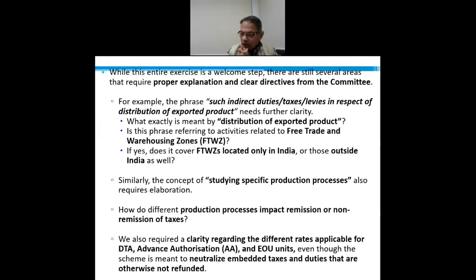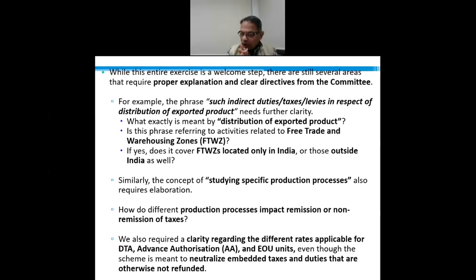What exactly is meant by distribution of export product? Inside India, outside India? Second, is this phrase referring to activities related to free trade and warehousing zone? Because by definition, supply to free trade and warehousing zone is export.